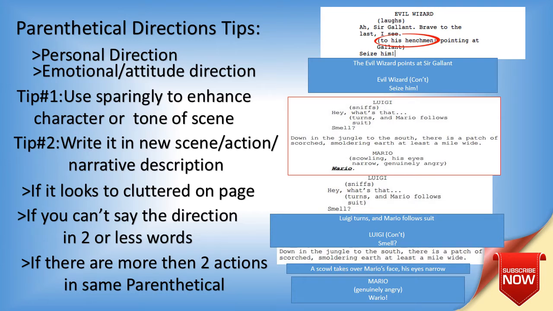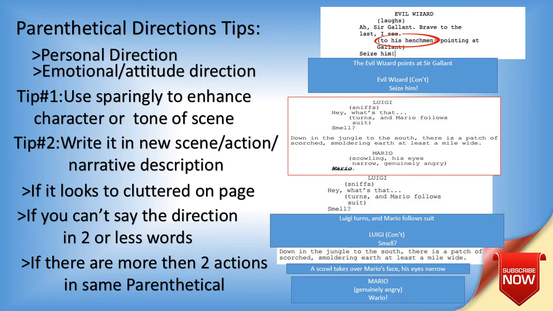And then you have another parenthetical where he says to his henchman, pointing at Galahad, seize him. So you go from an attitudinal, emotional parenthetical of him laughing, he's not taking Sir Galahad seriously, to an actor direction of him looking or turning to his henchman, to the evil wizard's henchman, and then he points.